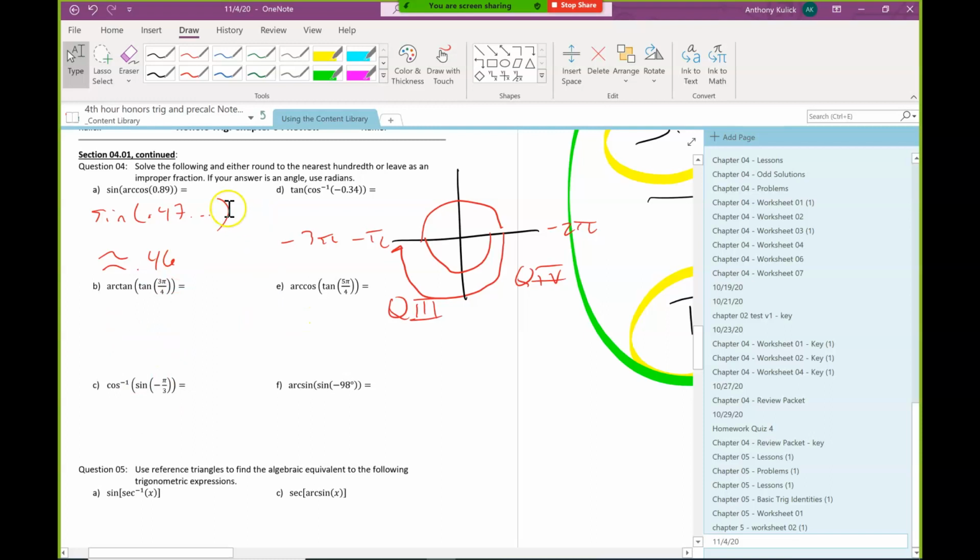Your calculator will not give you the exact answer because all of them are in terms of some irrational number, right? The angles are in terms of pi's. Calculator's not going to give you an answer in terms of pi. Most of the sine, cosine, or tangents have square roots in them, and it won't give you the answer with a square root in it. You'll have to use the unit circle to get it if it's asking for an exact answer. If it just asks you to round, then calculator it up, dog.